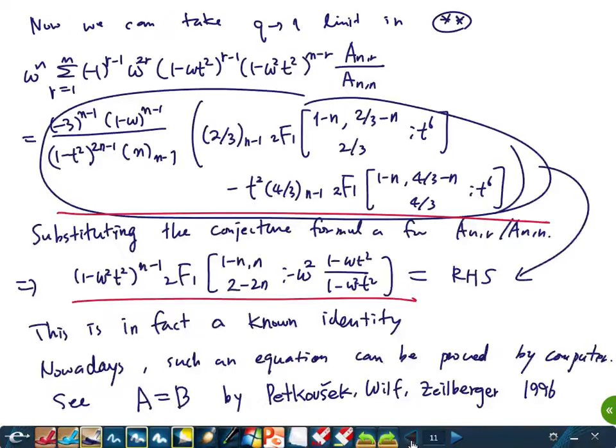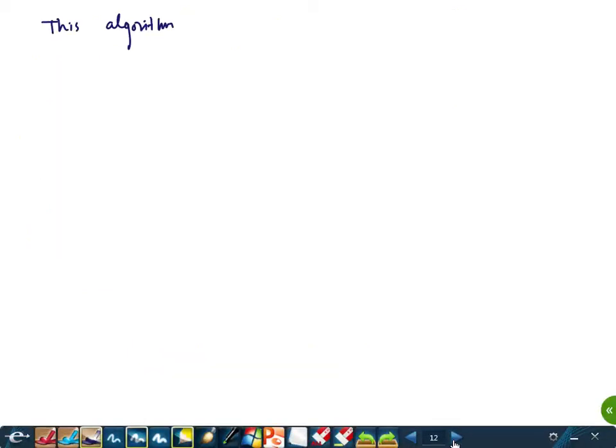So here, both sides are functions in n, right? Everything is n with t. So both sides are functions of n. So how can I say? This algorithm finds a recurrence relation satisfied by both sides.